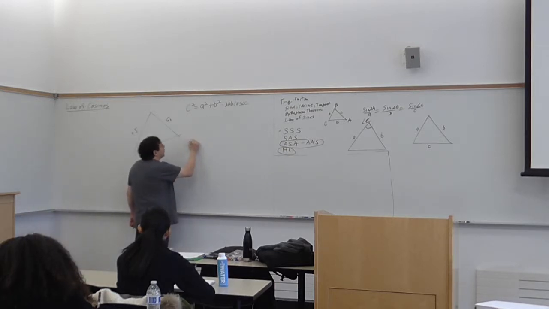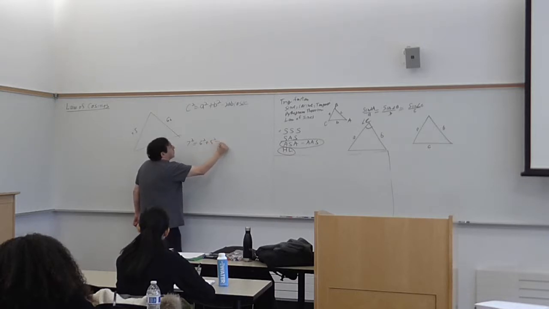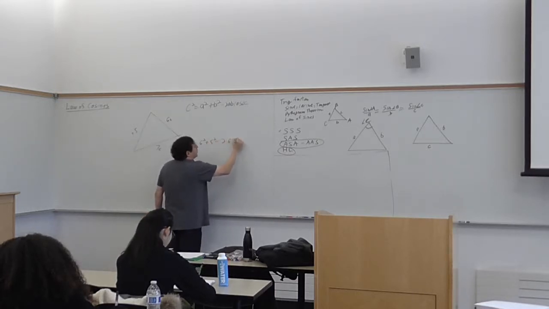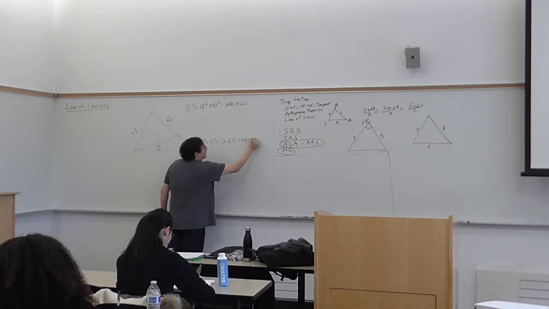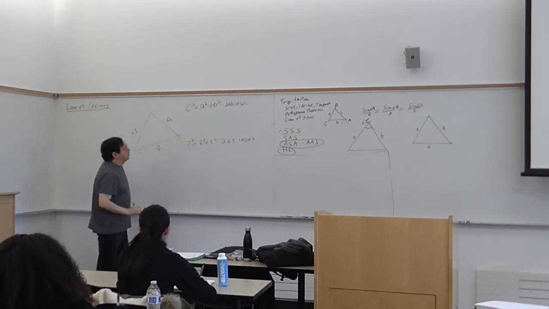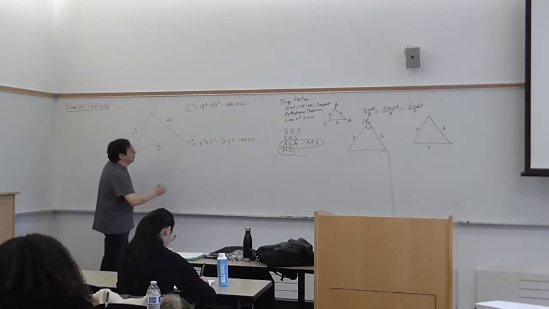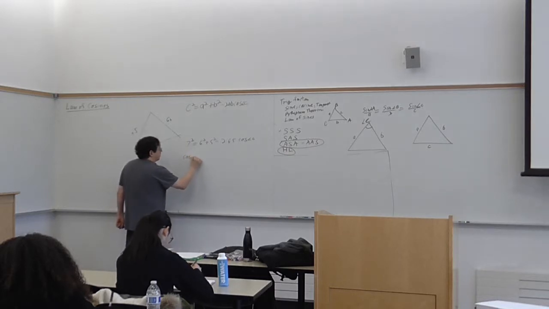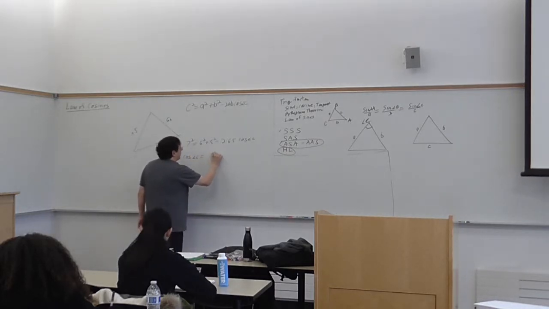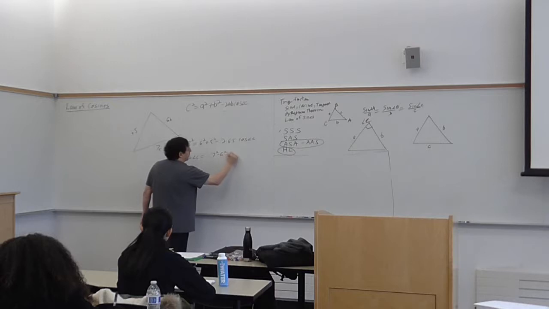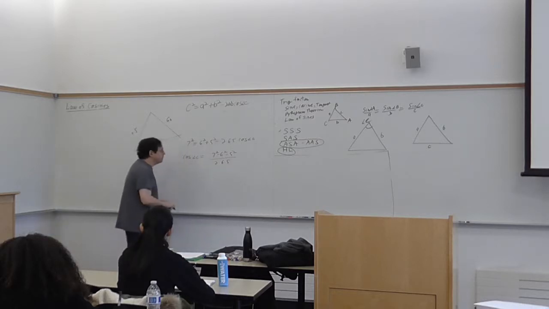So we have 7 squared equals 6 squared plus 5 squared, minus 2 times 6 times 5 cosine angle C, or solving for cosine of angle C, we get 7 squared minus 6 squared minus 5 squared all over 2 times 6 times 5.